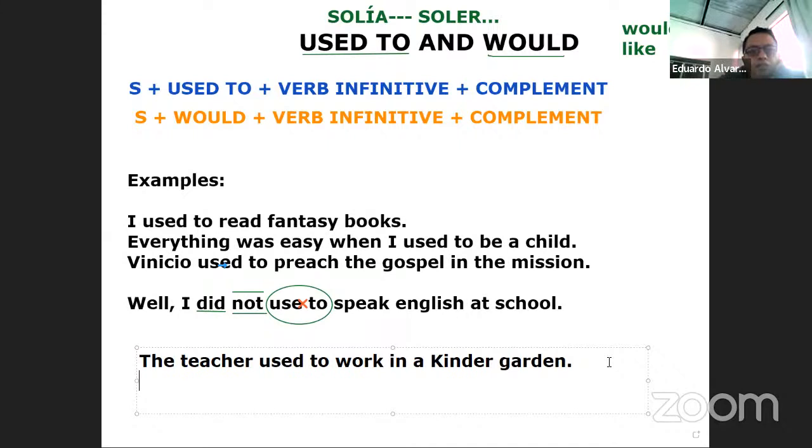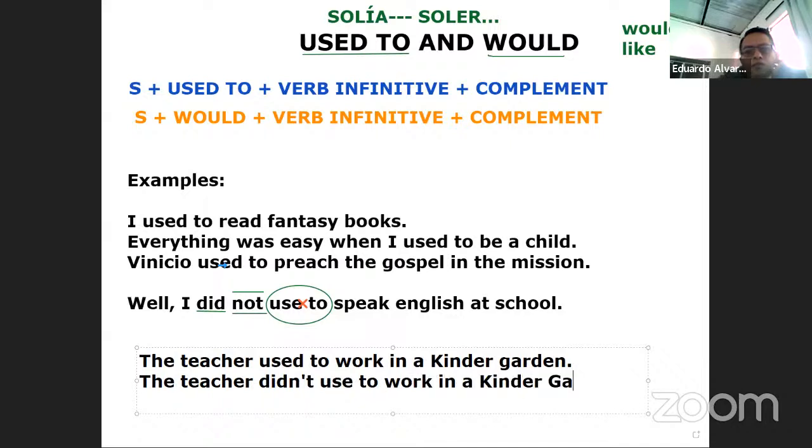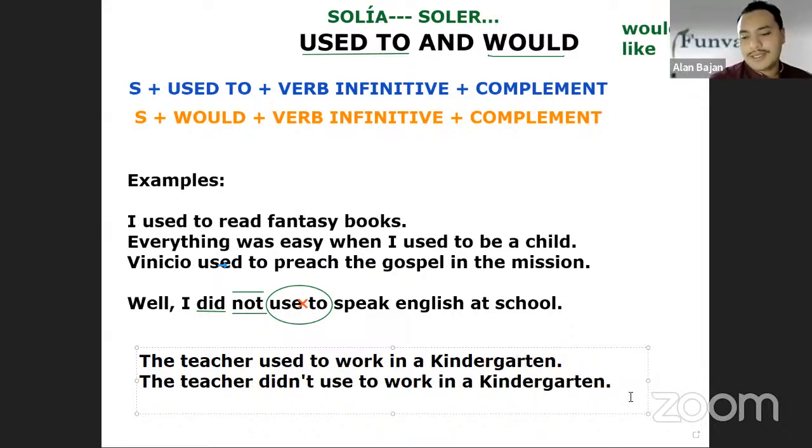I, the teacher. Teacher. Okay. Didn't use to work in a kindergarten. Very good. The teacher didn't use to work in a kindergarten.